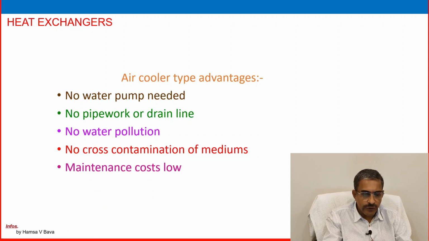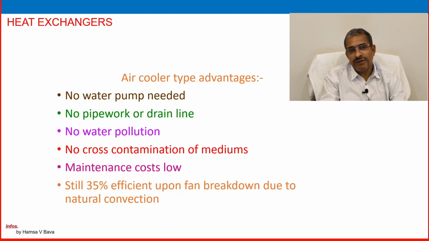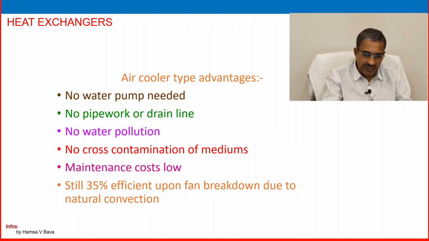Still 35% efficient upon fan breakdown due to natural convection. That means if the fan is down due to an electrical motor issue or some fan problem, it is still cooling, taking around 35% due to natural convection.